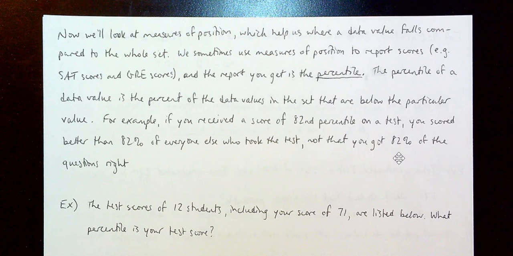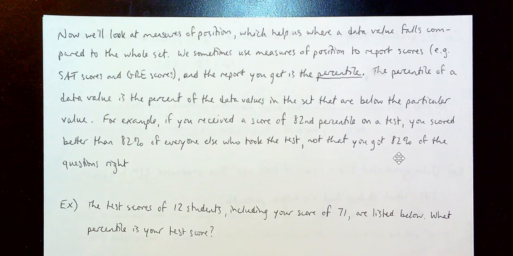And the score that you get is called the percentile or the percentile rank. Yes, for the SAT, they do give you an actual score of, say, 1,200 or 1,140, but they also give you a number out of 100, and that number out of 100 is your percentile or your percentile rank.